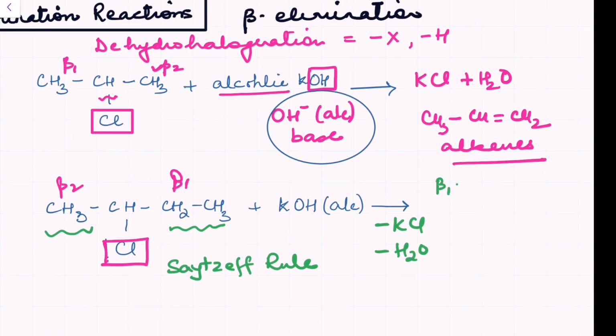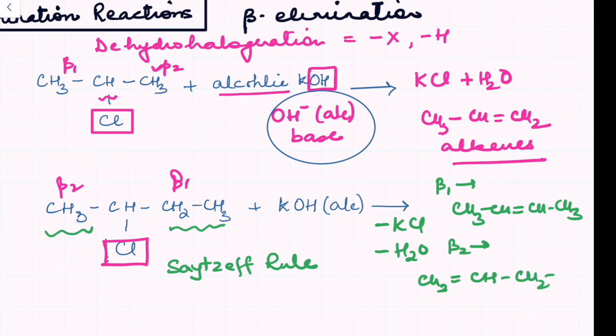If beta 1 goes, then the product is going to be CH3, CH double bond, CH, CH3. If beta 2 goes, it is CH2, CH, CH2, CH3, right? So this is the major product, which is 2-butene, and 1-butene will be the minor product. Now why?